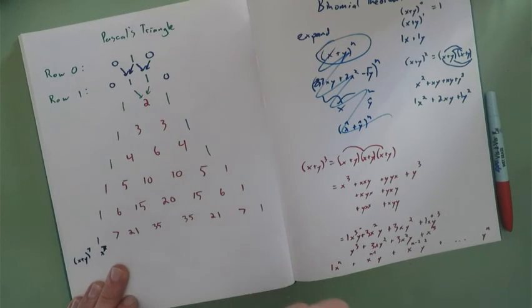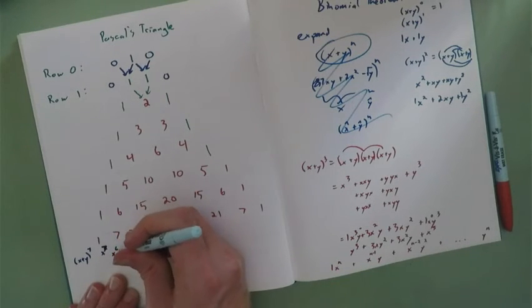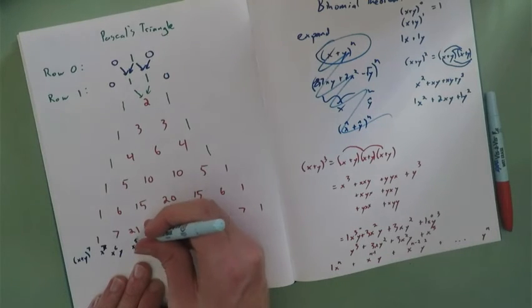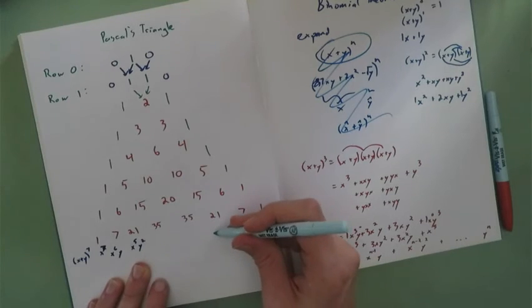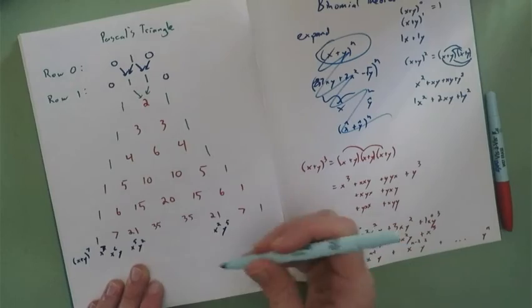We're going to have 1 times x to the 7 plus 7 times x to the 6 y to the 1 plus 21 times x to the 5 y to the 2. And we're going to get 21 over here too, except now it's going to be x to the 2 y to the 5.